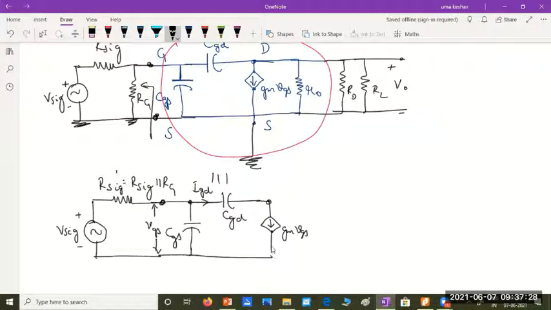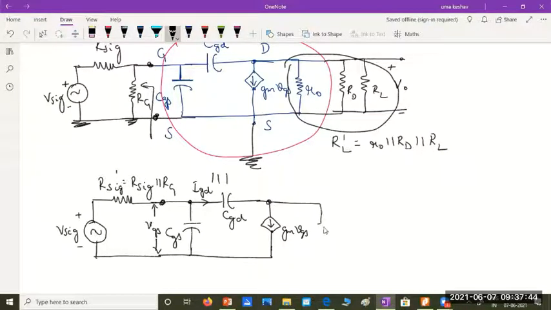and what can I simplify all these three resistors put together as? It is nothing but RL dash, which is R0 in parallel with RD in parallel with RL. We had considered that in our previous circuit also. So all the three put together, I'll consider it as RL dash.